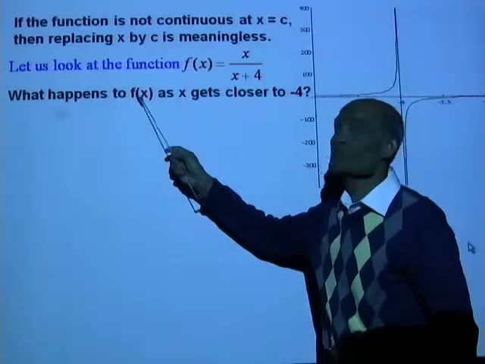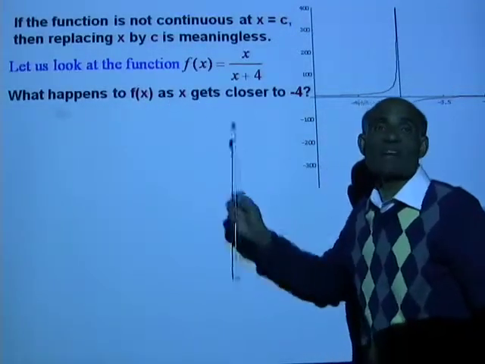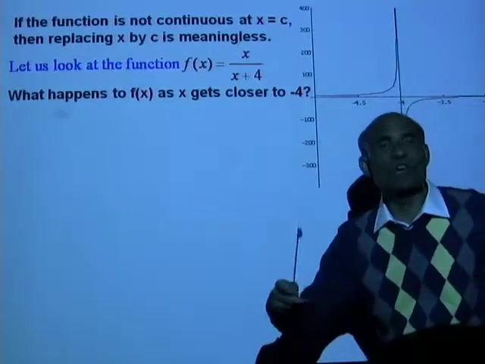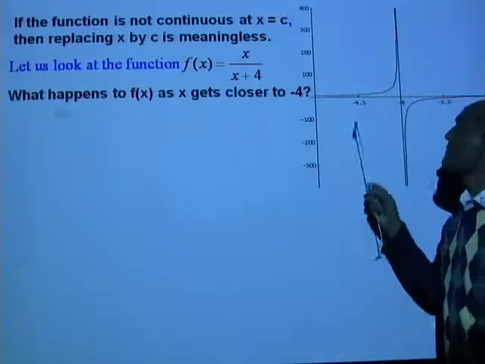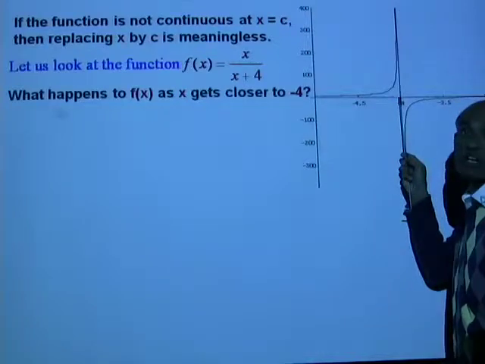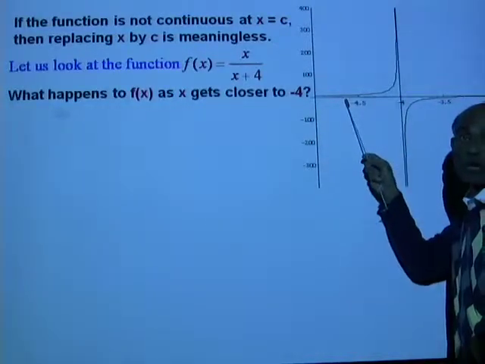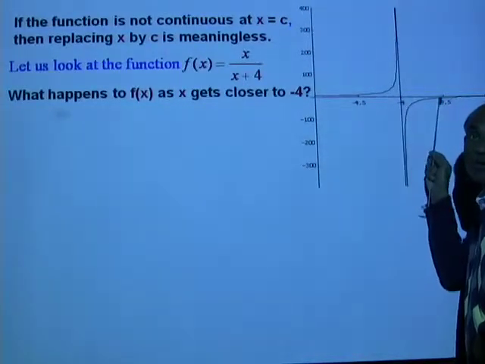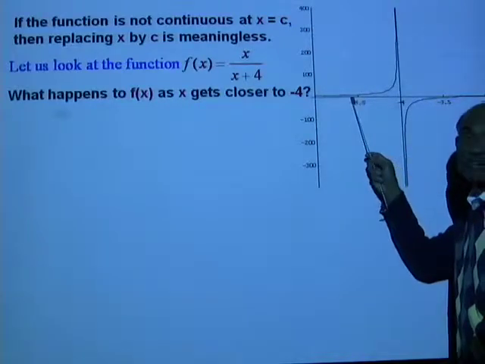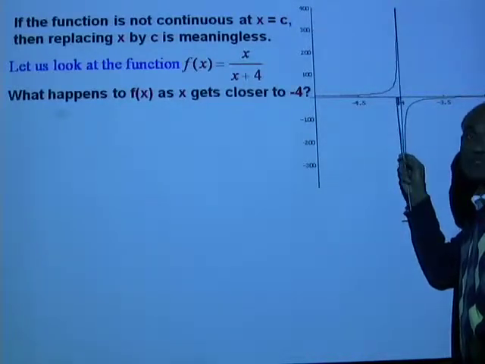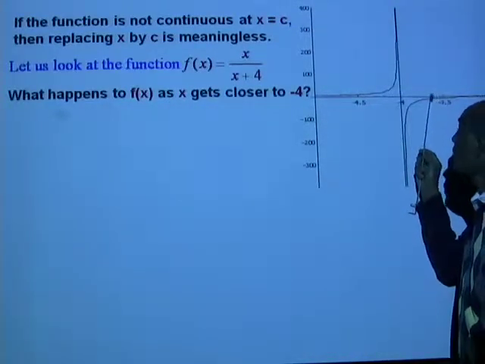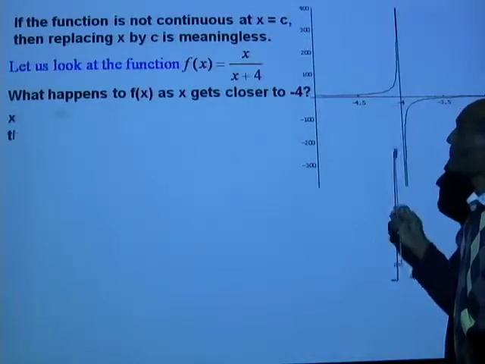Now, what happens to f of x as x gets closer and closer to negative 4? x can get closer to negative 4 either this way or this way. This way we call it from the left, and this one we call it from the right.